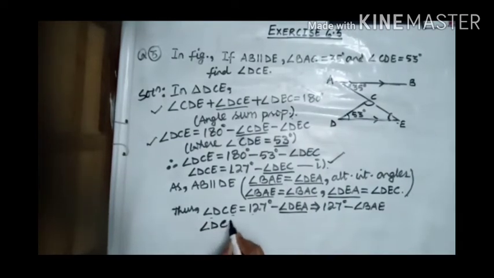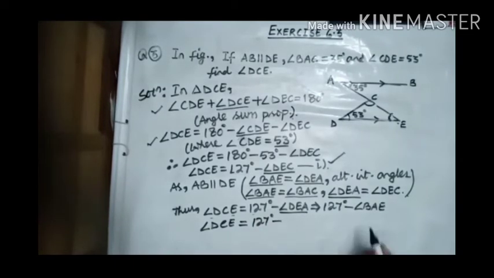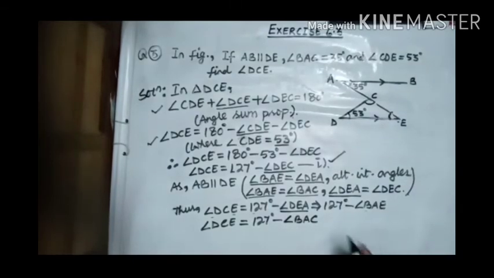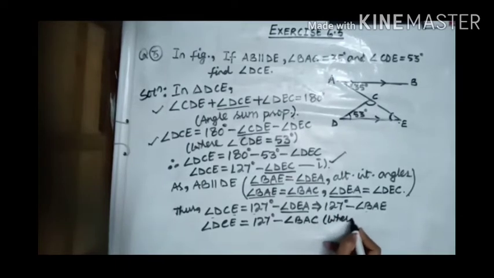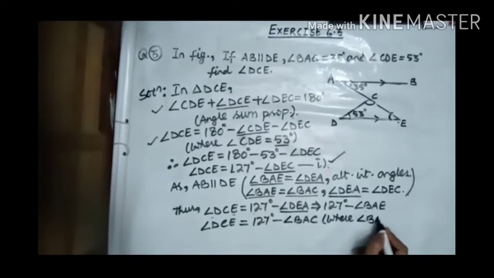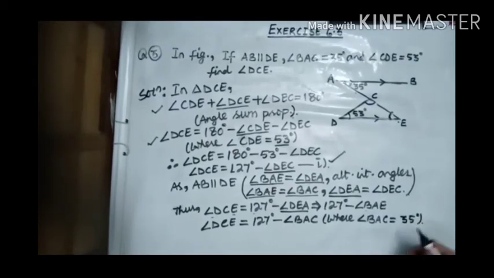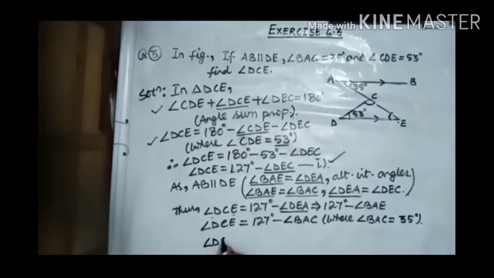Therefore, angle DCE equals 127 degrees minus angle BAE, we use angle BAC, where the value of angle BAC you are given is 35 degrees. So angle DCE equals 127 minus BAC, we use 35 degrees.